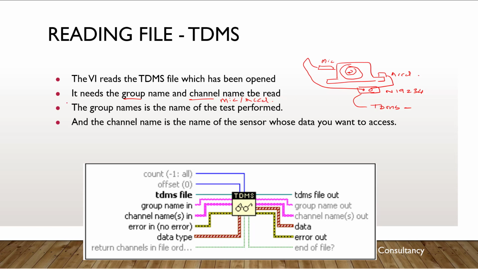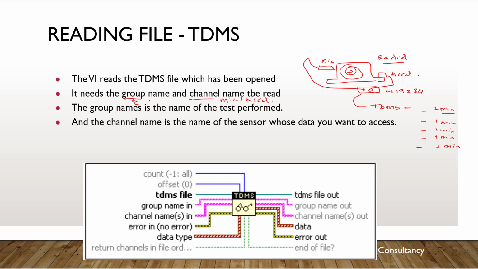The group, now what is a group? Basically, once you have collected the data, let's say for 1 minute, with some kind of radial load that is given here, now if you want to carry out the similar operation, say 5 different times, for 1 minute each, performing the same test 5 different times, and you want to store that data in the same file, then you can group it under a different name.